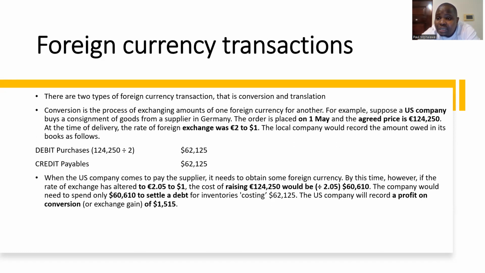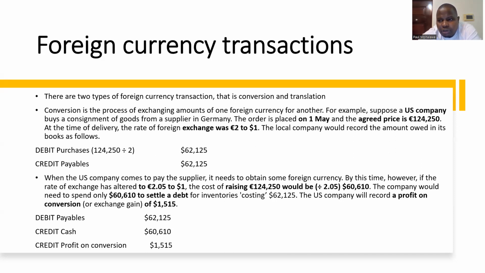Foreign exchange differences, quite important. Okay, so the transaction would be to debit payables 62,125 and credit cash 60,610 and credit profit on conversion 1,515.